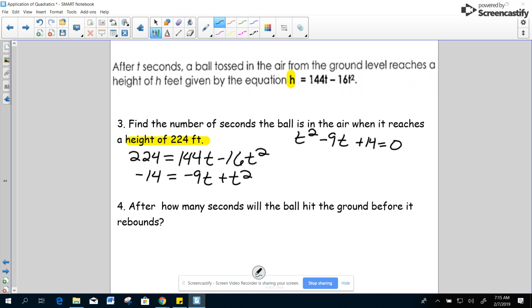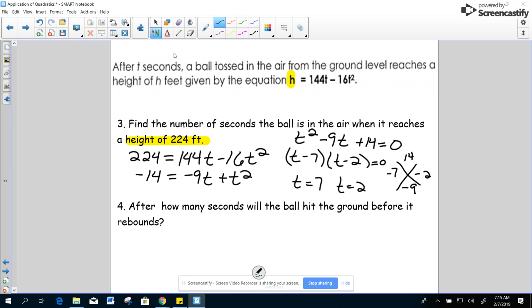Factoring, there is 2 times when my ball will reach a height of 224 feet. Notice that it is on its way up and on its way down.